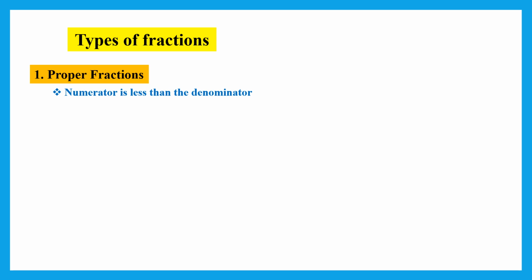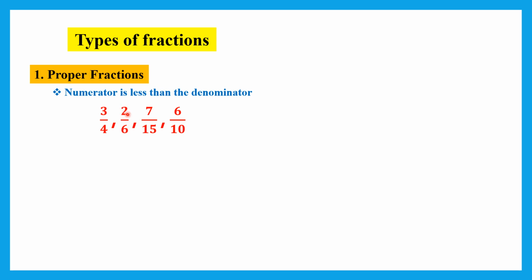If the numerator is less than the denominator, we can call that fraction a proper fraction. Here you can see some examples. 3/4. We know 3 is less than 4. Numerator is 3, denominator is 4.